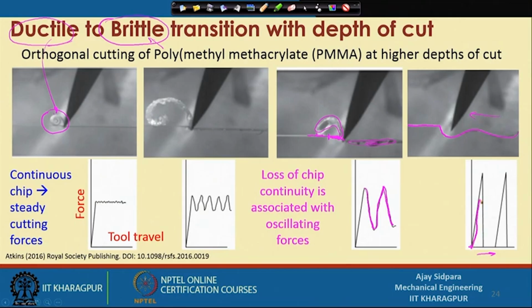Initially the depth of cut is very high, so your force is increased, and along with that the tool moves in this direction, removing this much amount of material. Now in this situation you are getting an off time, that means the tool is not in contact with the surface.